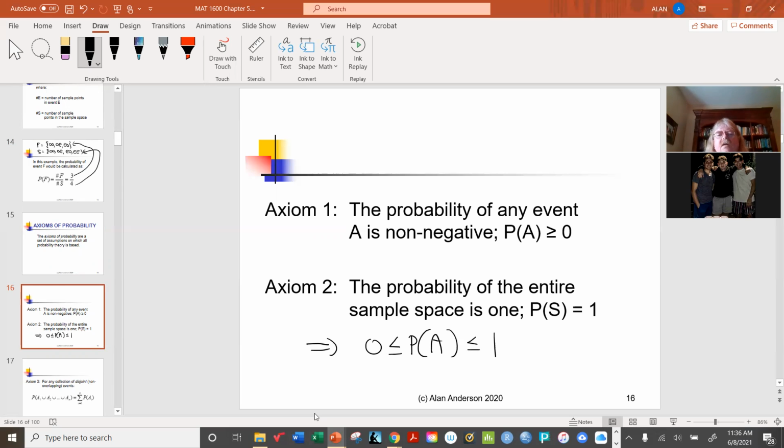And furthermore, if an event has a probability of 1, it means we have a certain event, something that is guaranteed to be true.